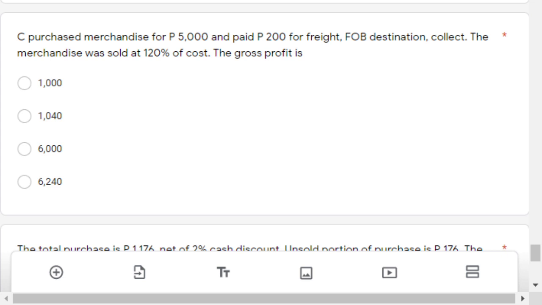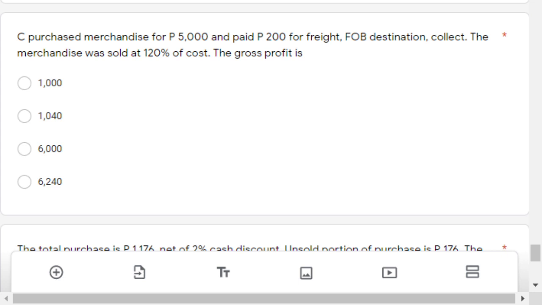So, itong purchases, under ito sa cost, na 5,000. And freight. Pero destination, so since destination ito, si seller yung magbabayad. So, ibig sabihin freight out yan. No? Tayo ang seller ha.